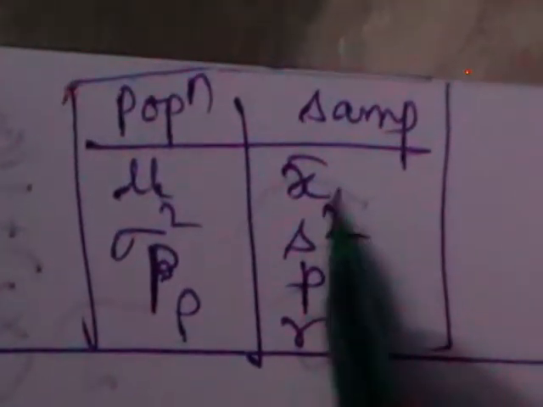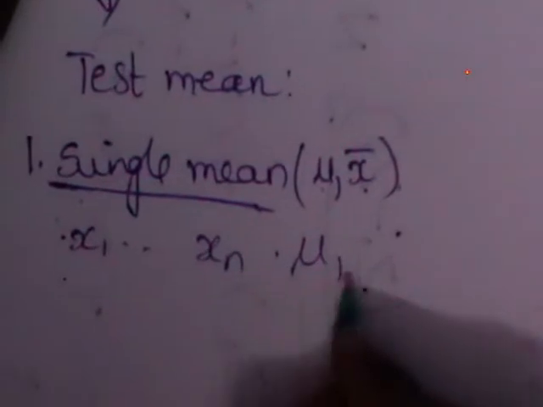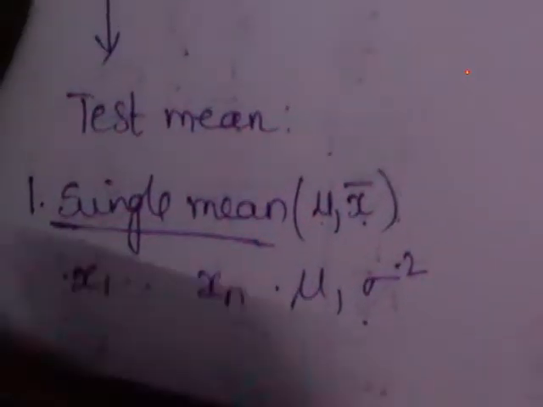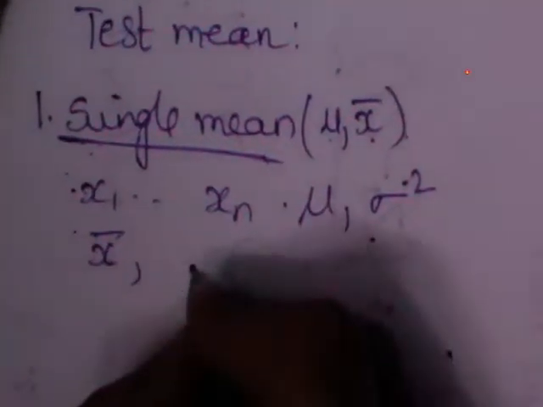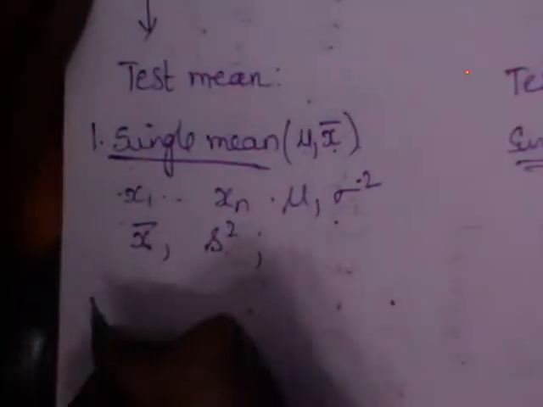These are population mean mu, sample mean x bar, population proportion P, sample proportion p, rho and r. First, you describe the sample drawn from a population with mean mu and variance sigma square. Describe the corresponding sample statistics x bar and s square, the sample mean and sample variance.